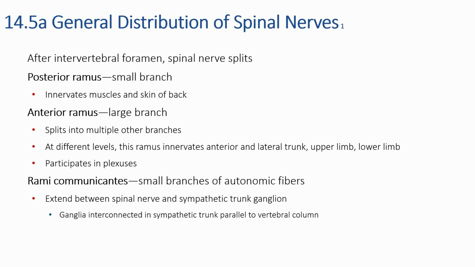Now, as we look at the rami, or branches, off of the trunks, remember the posterior dorsal ramus is very, very small. It's only going to innervate a few muscles of the back and some of the skin, whereas the anterior ramus is going to innervate all the rest of the muscles of the back and all of the anterior musculature, including the limbs. Now, in the thoracic spine, we do have some special rami called the rami communicantes, which are small branches of the autonomic system that we'll talk about in a little bit.